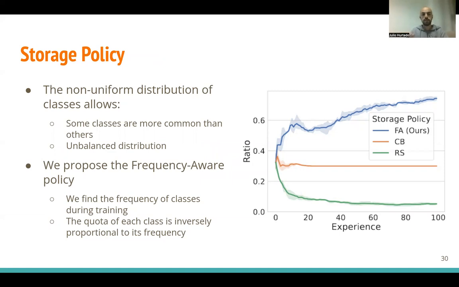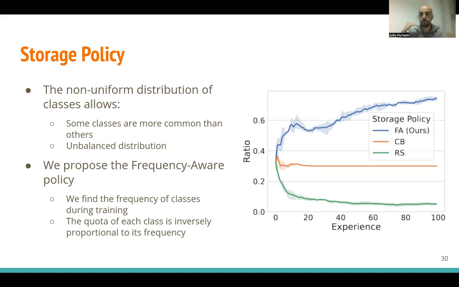So what we expect is for uncommon classes to be overrepresented in the memory or the buffer. So we propose this frequency-aware policy, where we estimate the frequency of the classes during training in an online way, and set a quota that is inverse to the proportion of the frequency of each class. Here we can see the ratio of uncommon classes using different storage policies. Using class balance is simple.